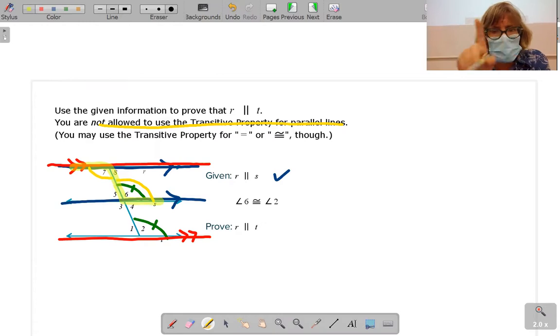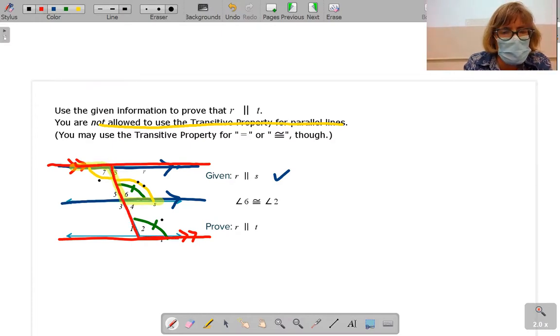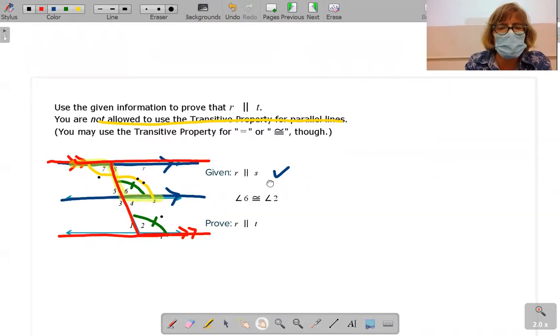And then we're going to transfer congruency from 7 to 6, and then 6 to 2. And then our punchline is going to be the fact that 7 and 2 are congruent, therefore the lines are parallel. That's where we're going with this.